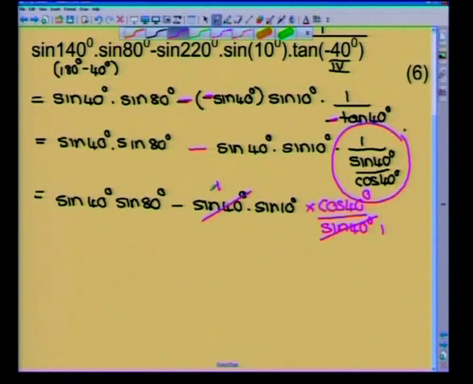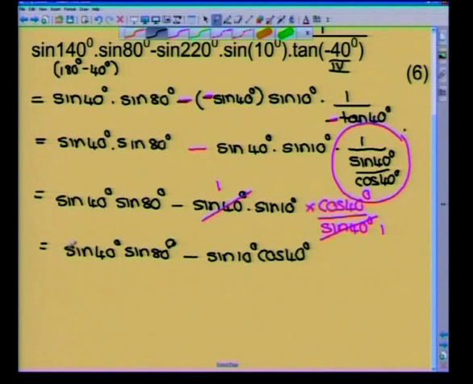Okay, so life is looking slightly better. Let's keep going. So now we have sine 40, sine 80, minus sine 10, cos 40. Now we know we've got 4 things here.